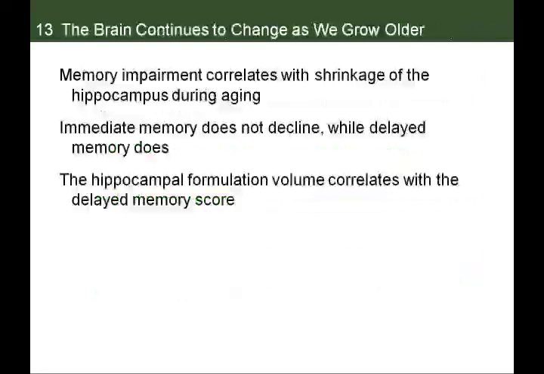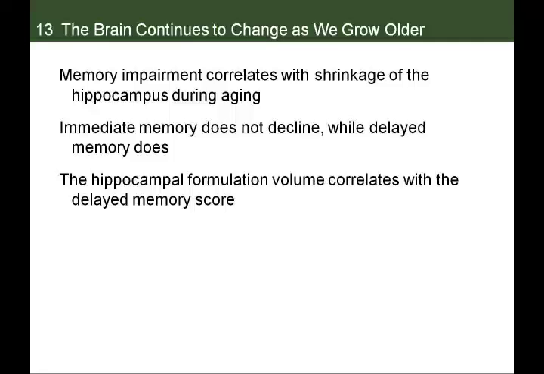All right. We know that if somebody is showing memory impairments and we look at the brain, sure enough, there's shrinkage, particularly in an area that's important for learning and memory. What is this area called? The hippocampus, exactly. Now, shrinkage of the hippocampus happens normally with aging. As we age, the brain shrinks.